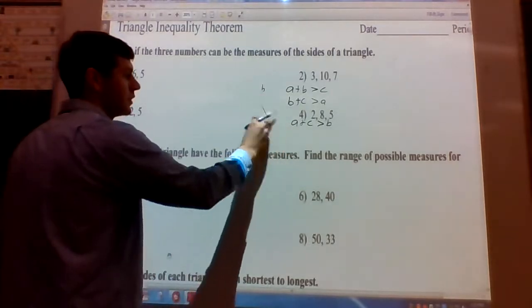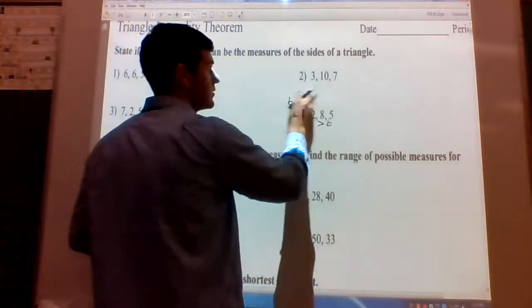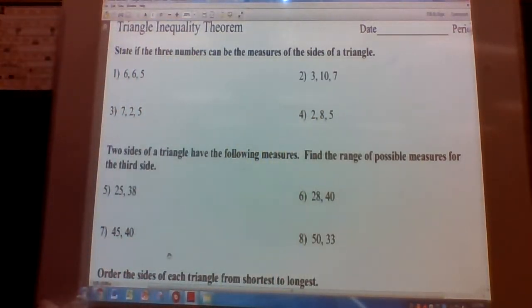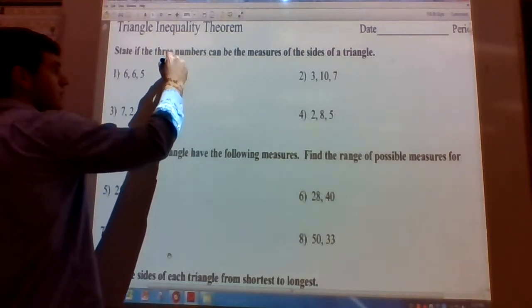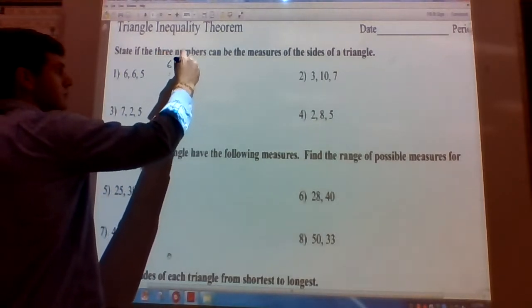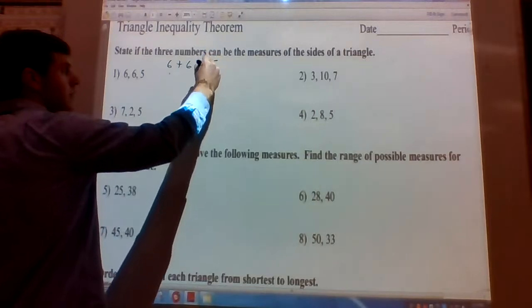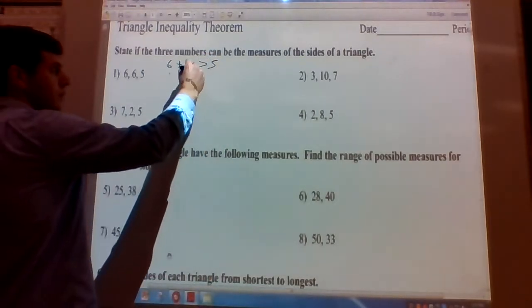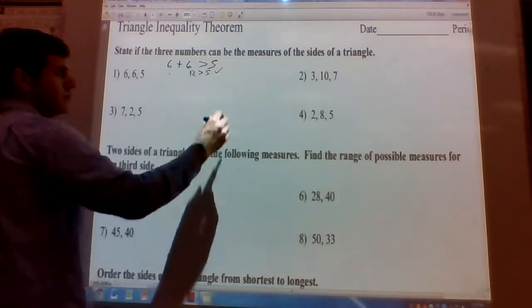So number 1, they're giving us lengths of 6, 6, and 5. So the length of the first 2, which are 6 and 6, have to be greater than the length of the third side, which is 5, and it is, because 12 is greater than 5, which is true.